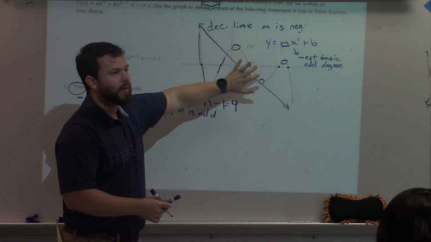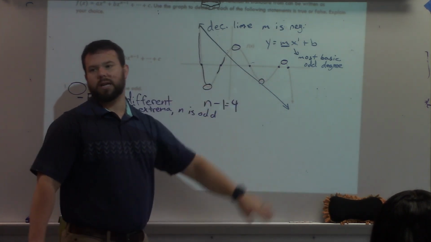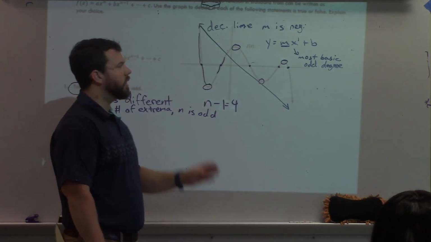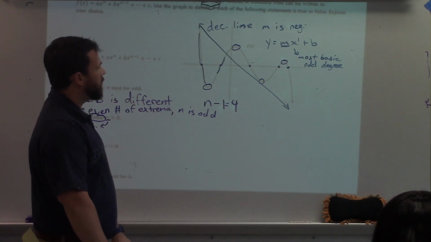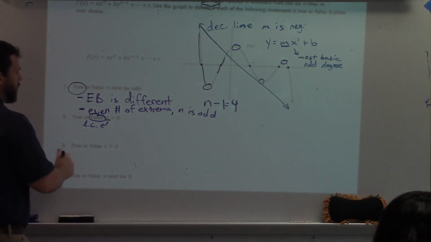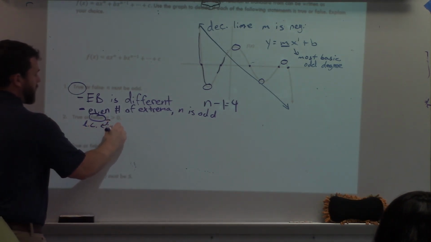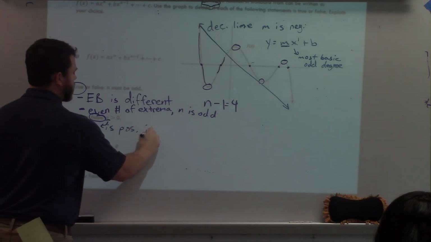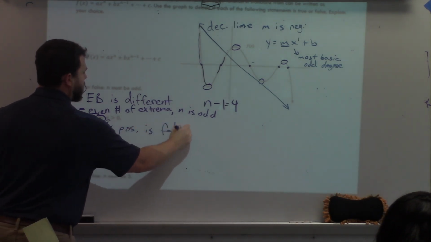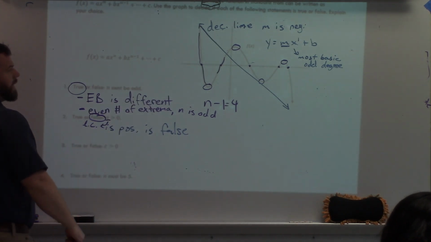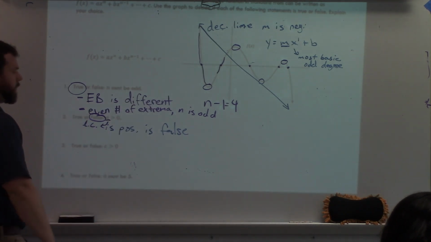Because the middle may be very different, but the end behavior has to be the same. Okay, so the linear tells me a lot about this end behavior. So the leading coefficient is positive, is false. Right? That leading coefficient has to be negative. I connect it and I see it that way, okay?